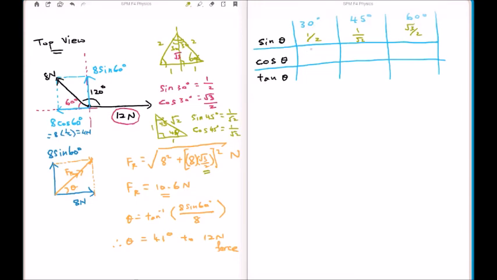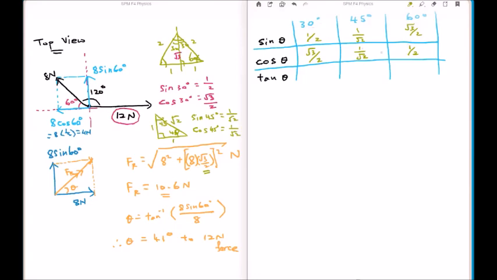Cos 30 is root 3 over 2, because cos 30 is actually sine 60, same value. Okay, and this value is 1 over root 2. Cos 60 is 1 over 2. They are always this value. Cos 60 is equivalent to sine 30. Sine 60 is equivalent to cos 30. The same is true: sine 30 is equivalent to cos 60.